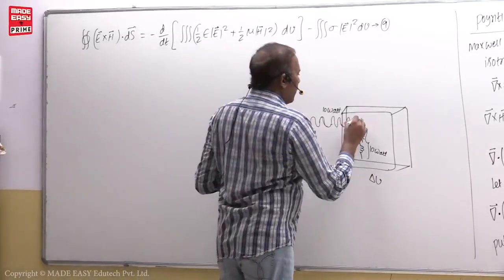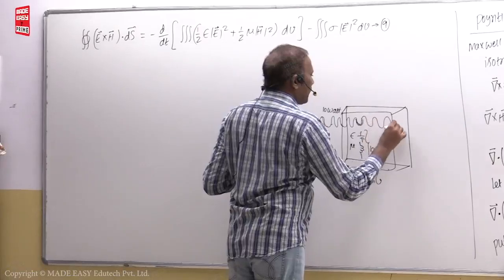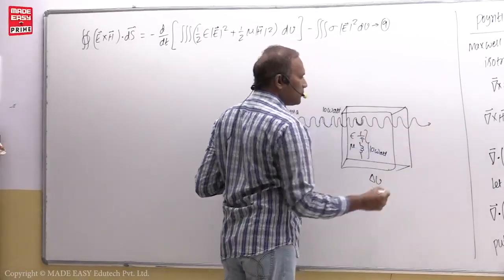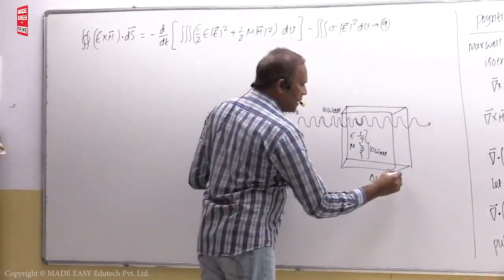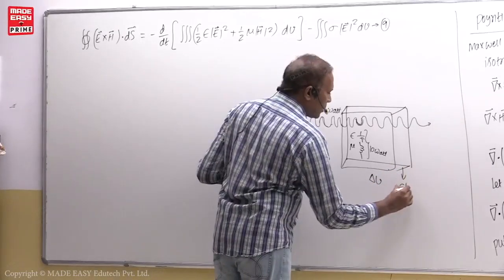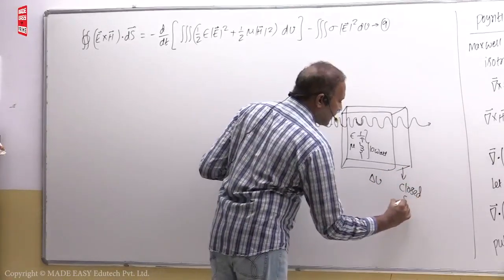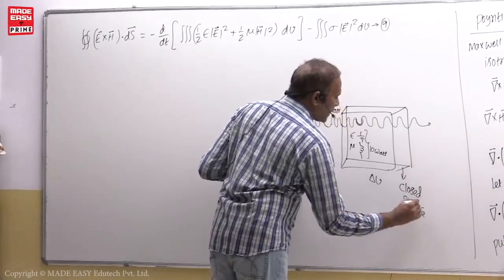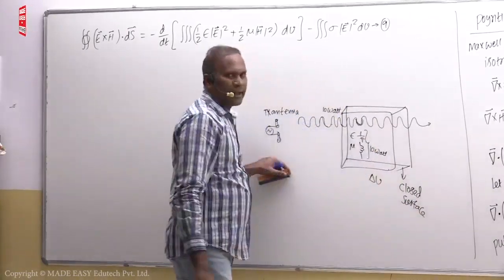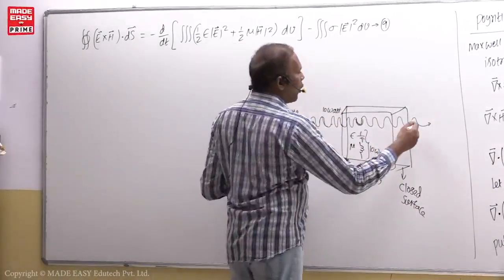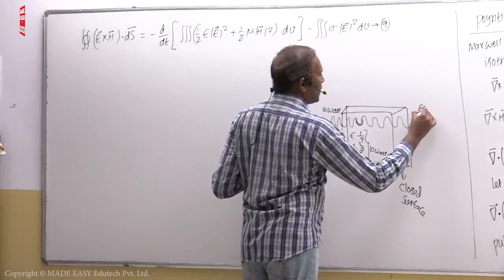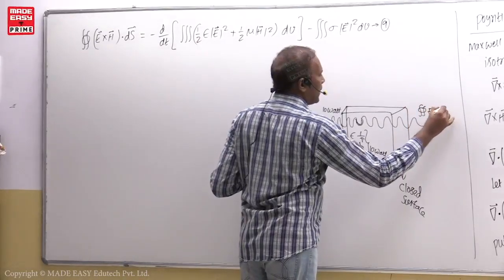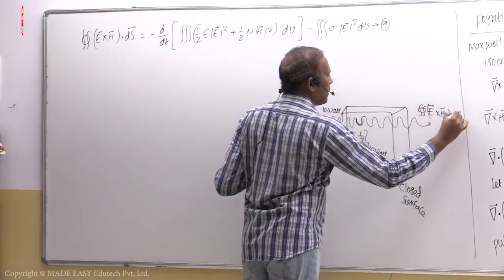Now, whatever power is there here, after some time it will come out. So this is actually a closed surface, or otherwise inside this closed surface a volume is there. Now, how much power comes out of this? Double integral E cross H dot ds bar.